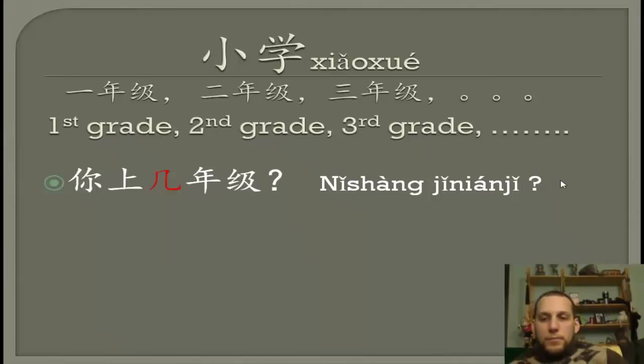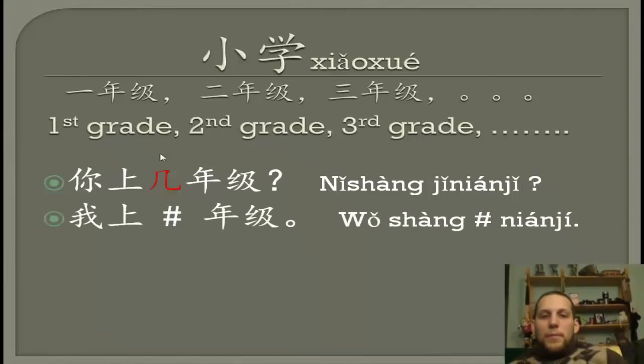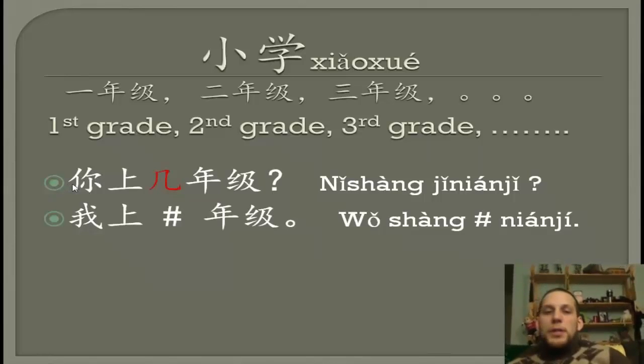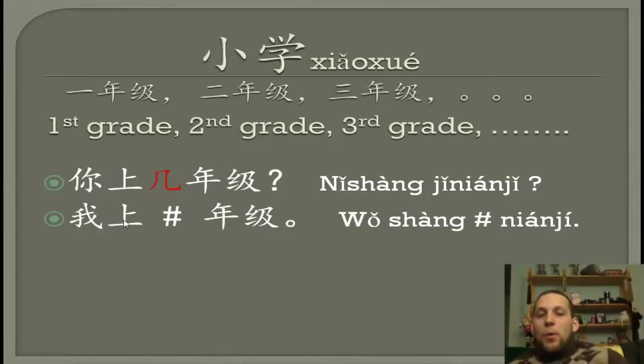Alright, so if I ask somebody, 你上几年级？The answer would be 我上, and we put in the number for the grade level. So if it's first grade, you'd say 我上一年级. If you're in second grade, you'd say 我上二年级.